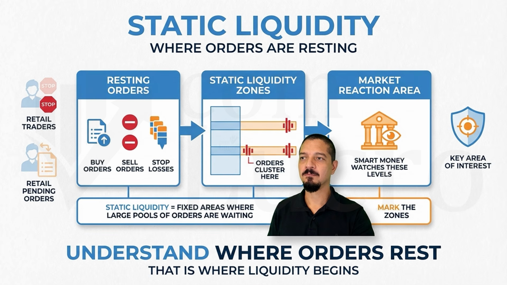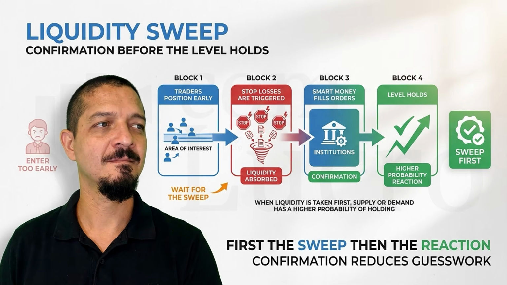It provides confirmation that your area of interest, whether supply or demand, has a higher probability of holding. Liquidity sweeps are not random. They are part of how the market builds momentum. If price does not take liquidity before reaching a level, it will often use that level itself as liquidity. This is why understanding where liquidity is located is critical for timing and execution.